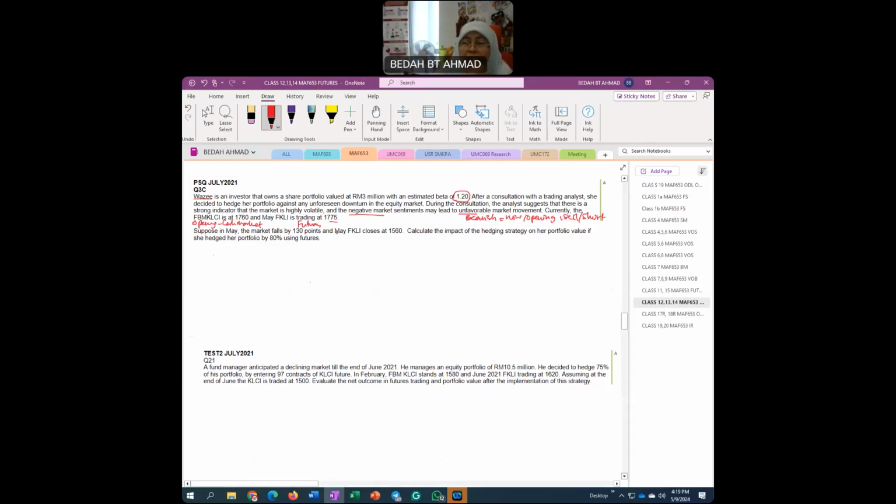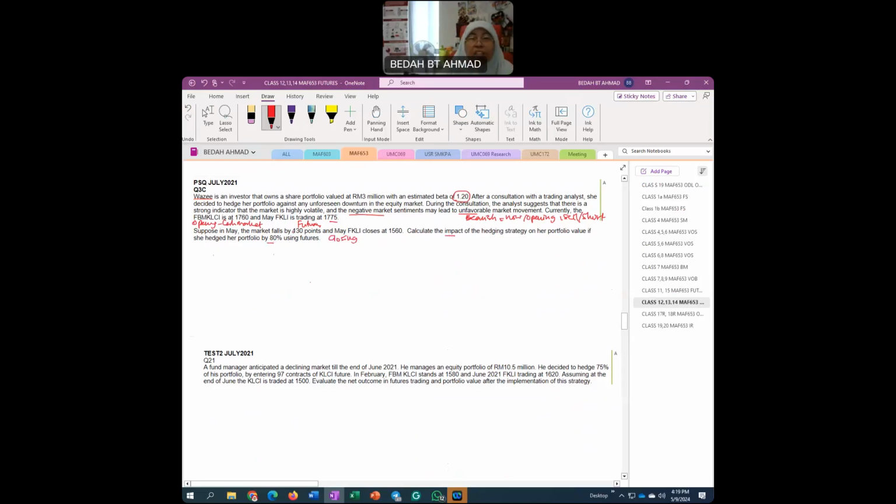Now is not given here; we are given only May, but when is now, we are not told. Is it January, February, March, April? Okay, May, suppose in May the market falls by 130 points. So this is what happens on closing, and May FKLI closes at 1560. Calculate the impact, the reduction in the value, if she hedged 80% using futures contracts.